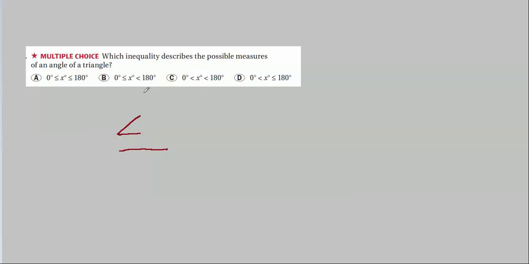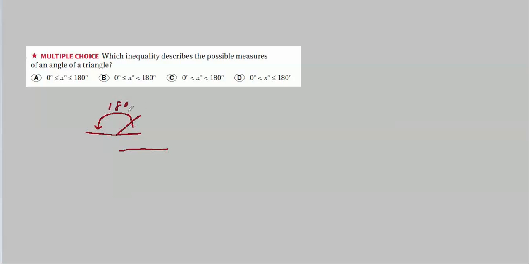If I took this and drop it down to 0, okay. Or I can go the other way and put it all the way over here. That's still just a straight line. This whole angle would turn out to be 180. That's still just a straight line. And we're not going to call straight lines triangles.